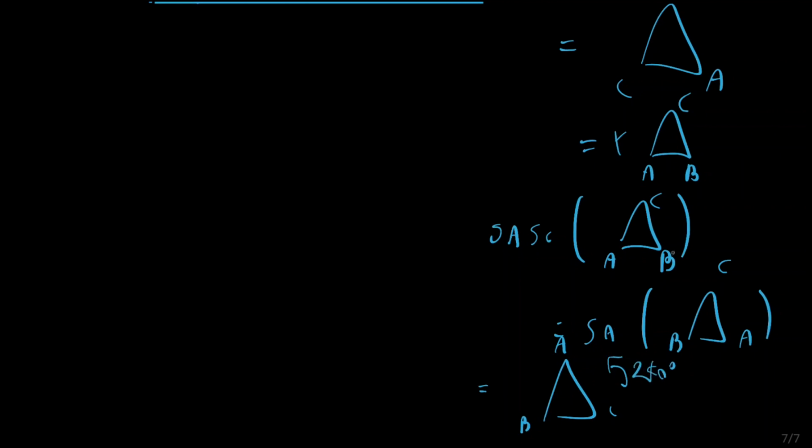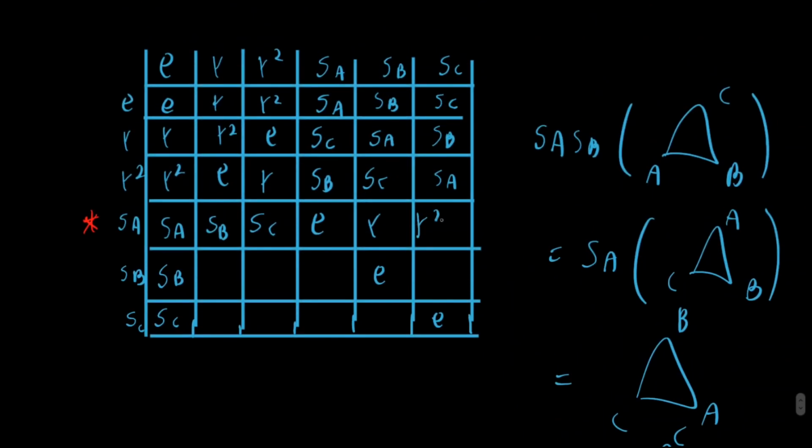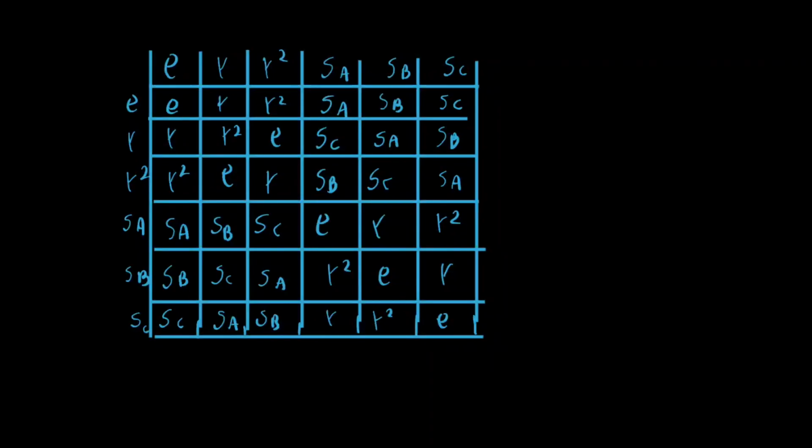Because see here B is in place of A, which is exactly what we get if we rotate it 240 degrees, then C in place of B and A in place of C. So this will just be R squared. Okay, so here it is.